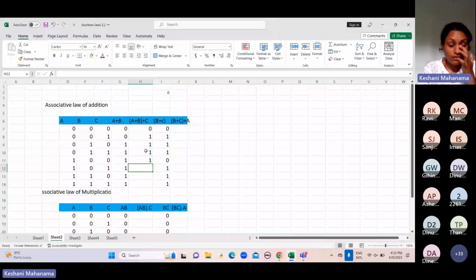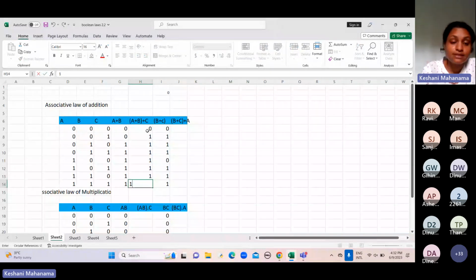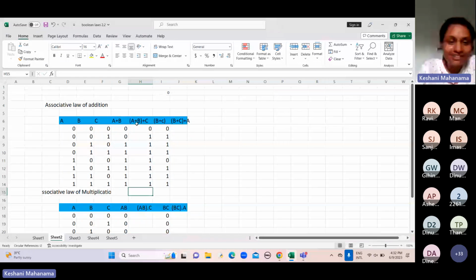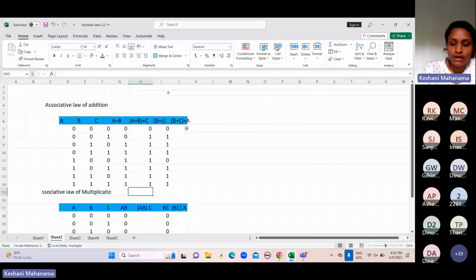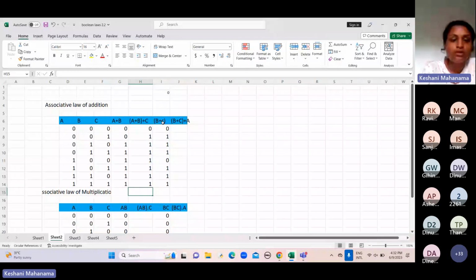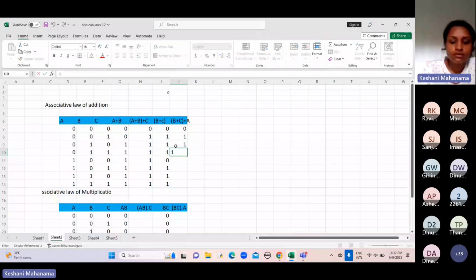Then we take the values for B plus C plus A. I have taken the values for B plus C first. 0 plus 0 is 0, 0 plus 1 is 1, and so on, again like that.